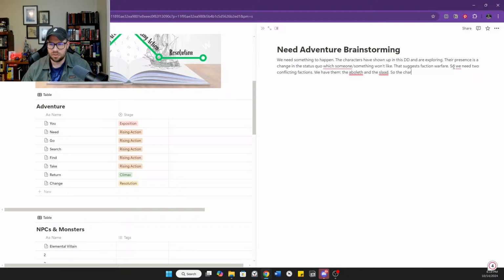So characters show up, and that affects the balance of power between the two factions. The characters need to want something in this, and it can be as simple as survival.